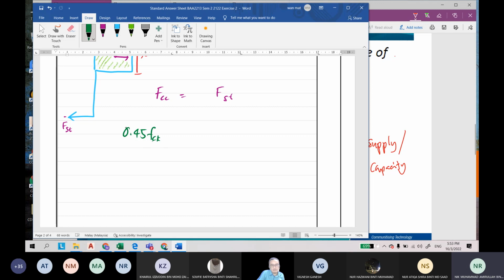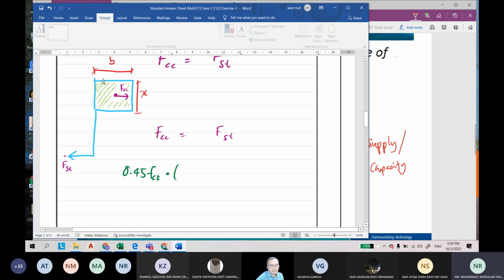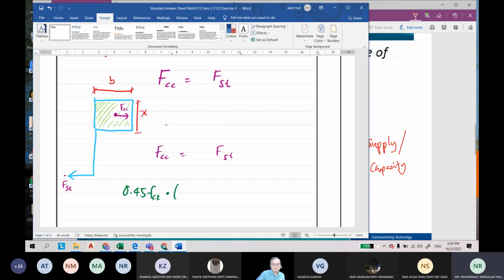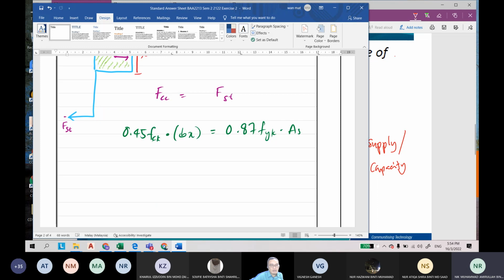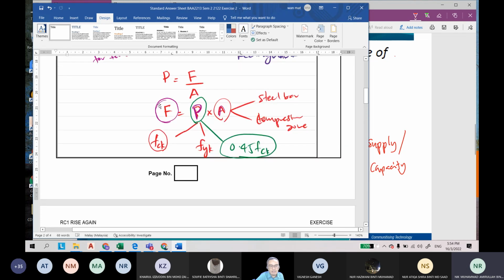You just need to understand the concept; I will come back later on how we get 0.45. Times area, and area is B times X. This equals 0.87 FYK times the area of steel. Can you relate to this concept? Pressure is equal to force divided by area.